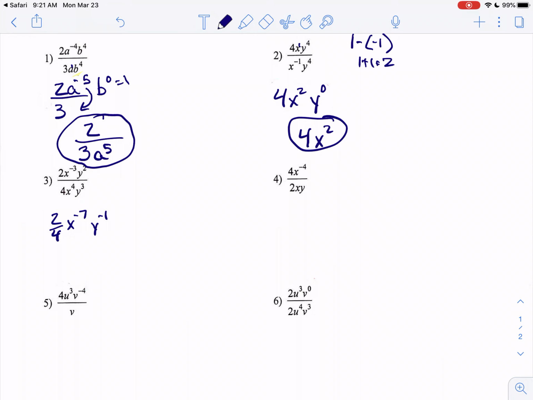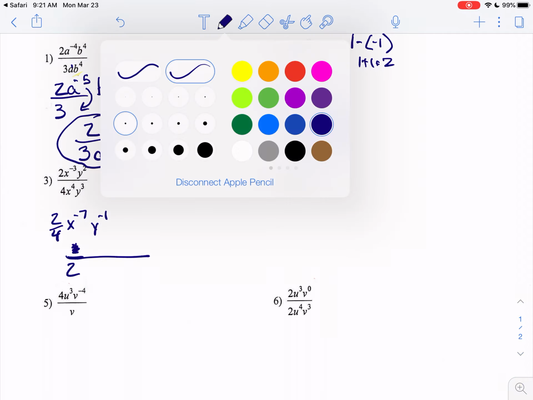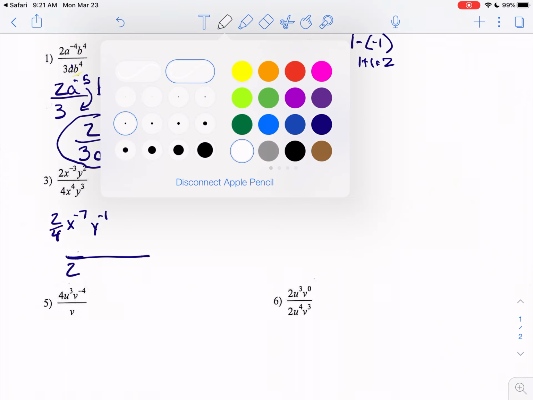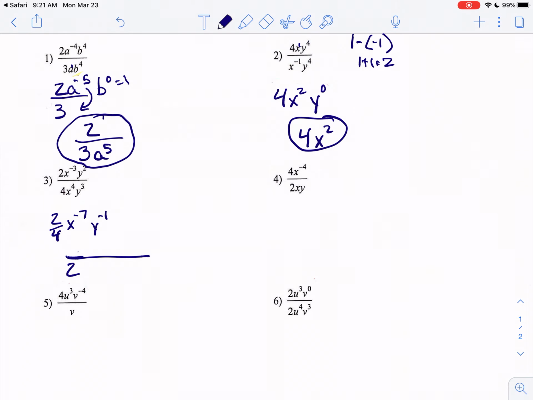Now I'm going to do some simplifying with my 2/4. 2/4 is the same as 1/2, so I'm going to write 1/2, and then this is when I'm going to draw my long line, and I'm going to use white to cross that off as my eraser, and write a 1 because everything else is going to go to the denominator.